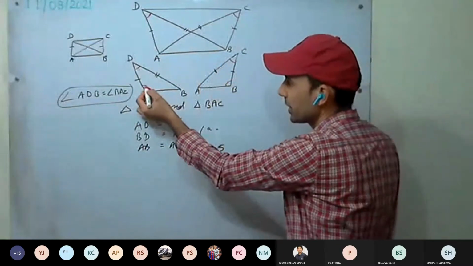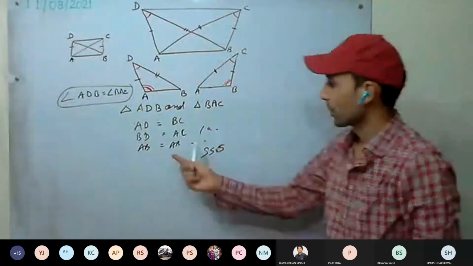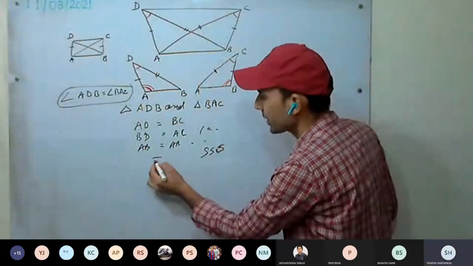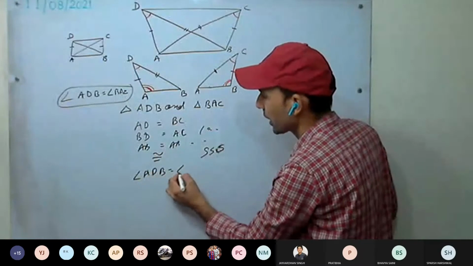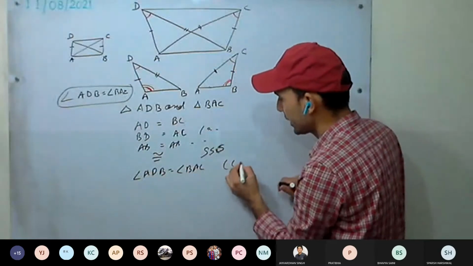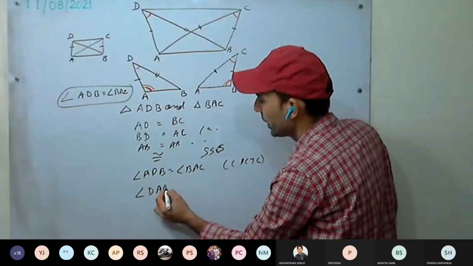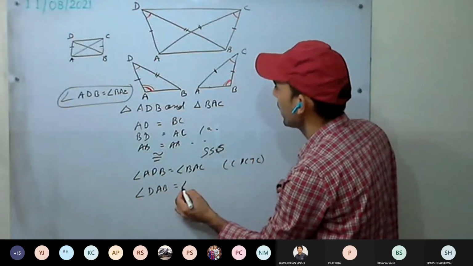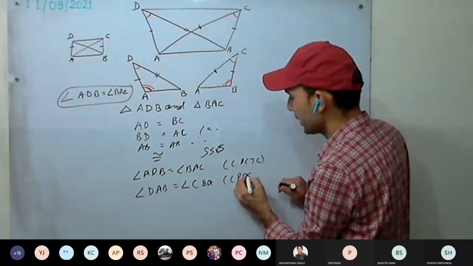Therefore, by CPCTC, this angle equal to this angle. That's all. So by SSS, these two are congruent, and angle ADB equal to angle BAC by CPCTC, and angle DAB equal to angle CBA again by CPCTC.